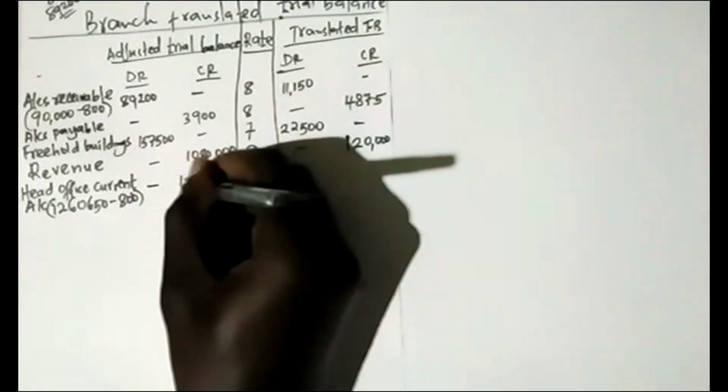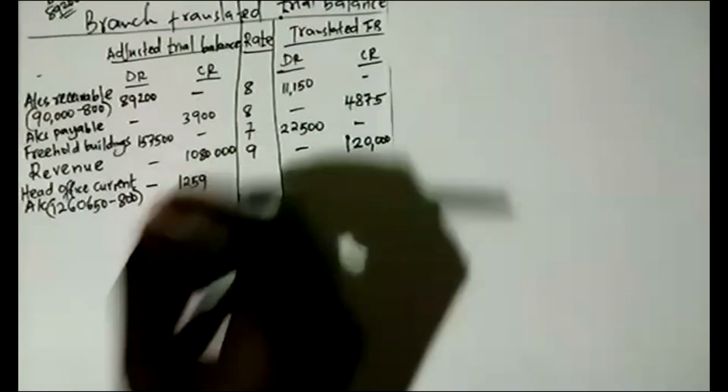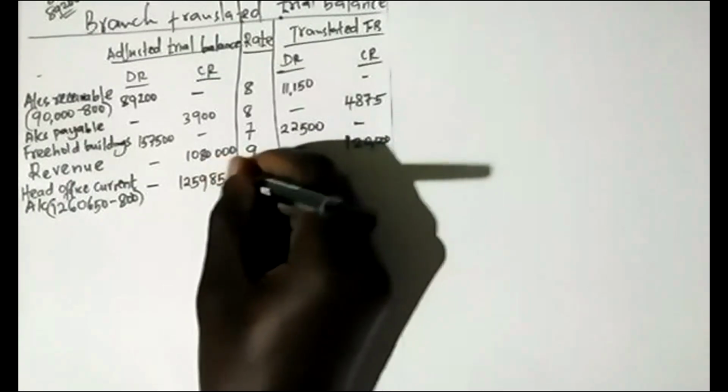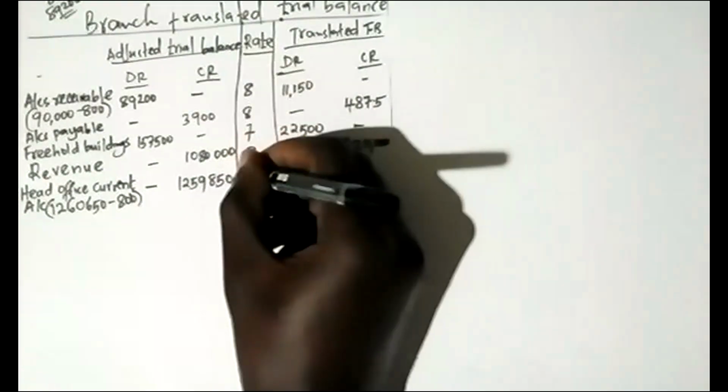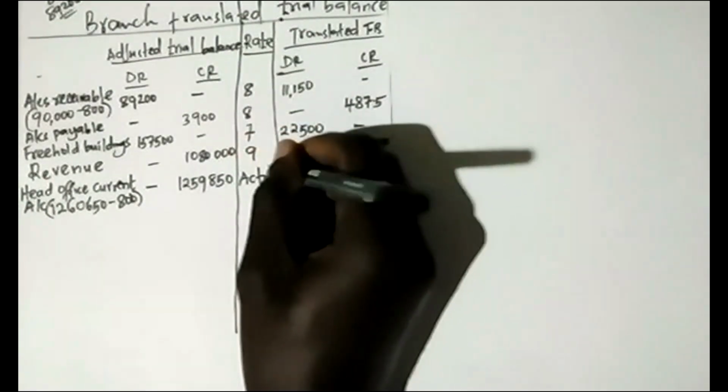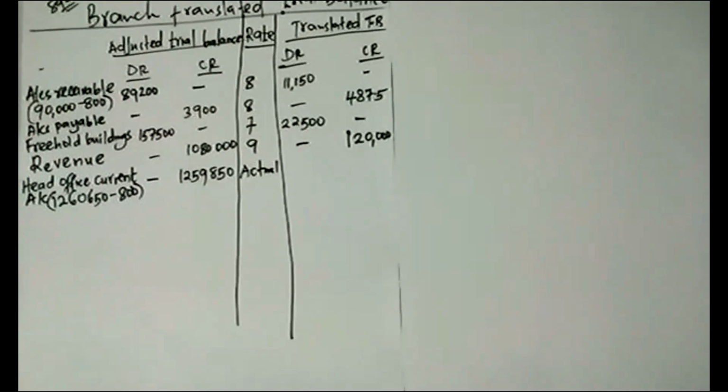So that is 1,259,850. But remember, for this one I said use the actual. You have to understand what the actual is. When I talk about the actual, I mean the actual figure in the Adobe's current account.